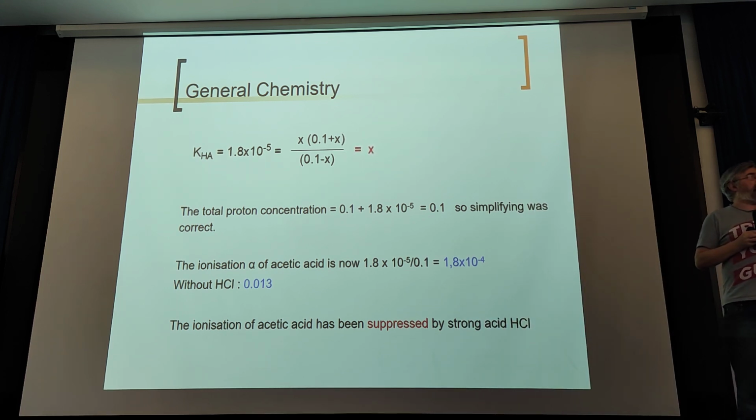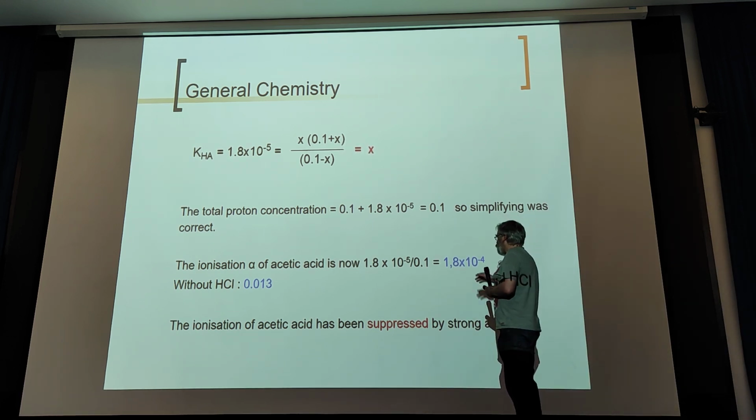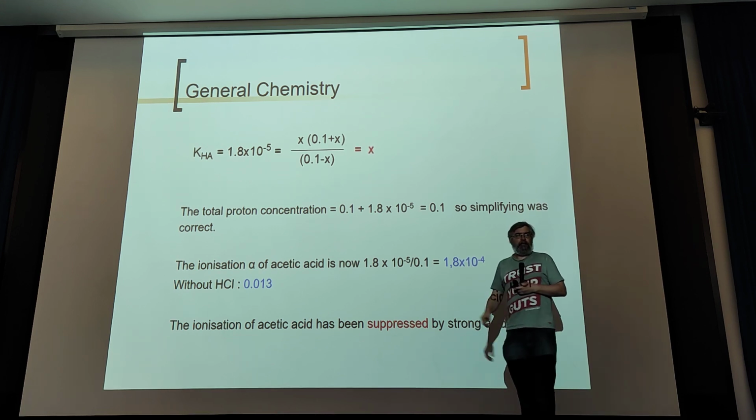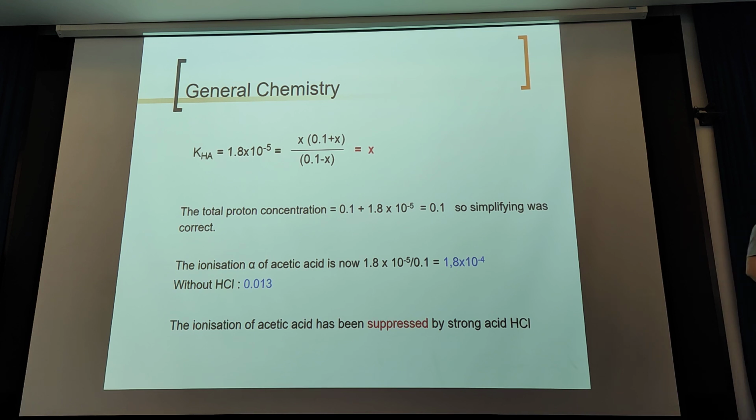Previously, without the hydrochloric acid, it was 0.013, which is 1.3 10 to the minus 2. So that means now our acid is 2 orders of magnitude, a factor of 100, less ionized because of the presence of the strong acid.